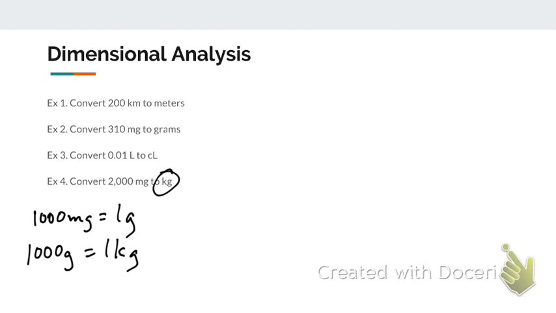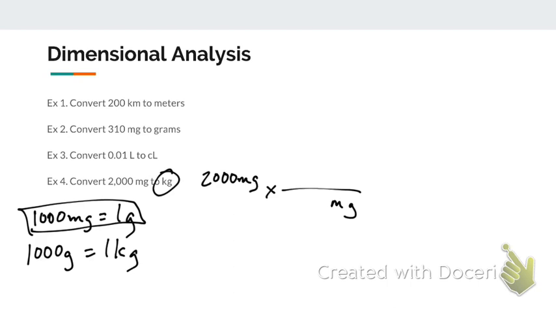So here I start with 2,000 milligrams. And what I'm going to do is actually going to be 2 steps. So the first step is to go from milligram to gram, right? So I have 1,000 milligrams to 1 gram. But what you'll see is I'm not at kilograms yet, I'm actually at grams. So I'm going to do it one more time.